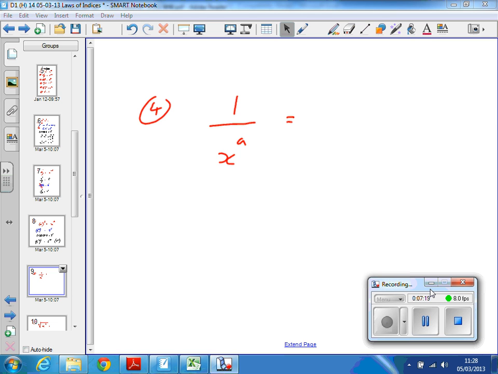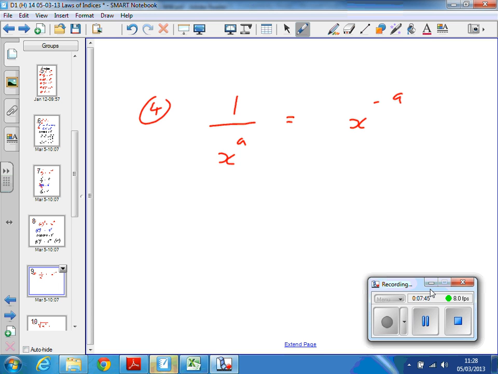Next law of indices, 1 over x to the a. We write it as, what's the rule say? x to the negative a. This is saying the inverse of a number, x to the a.